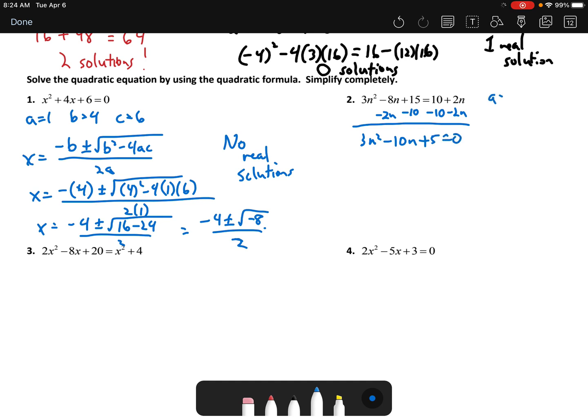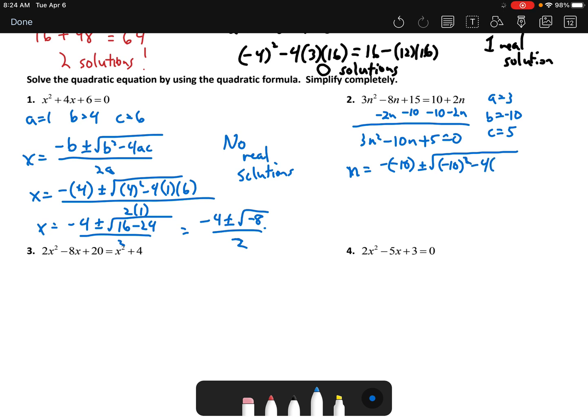Now we can attack this. A is 3, B is negative 10, C is 5. So it's n equal now. Same formula. Negative b, yes, negative 10 is going to be positive, but I'm going to write it negative 10.